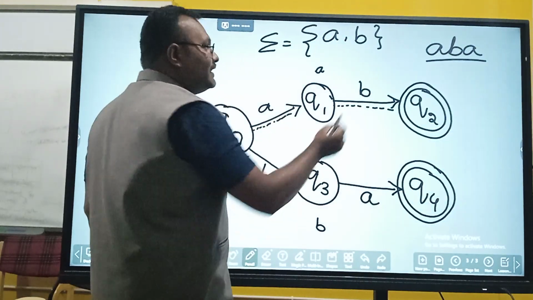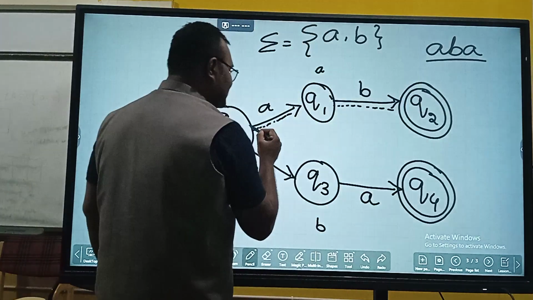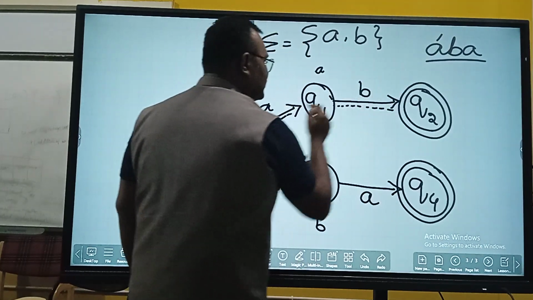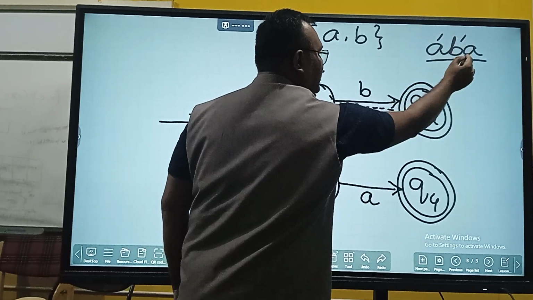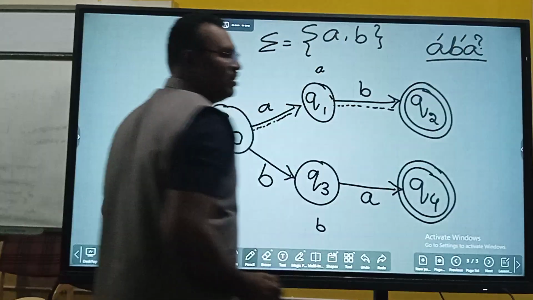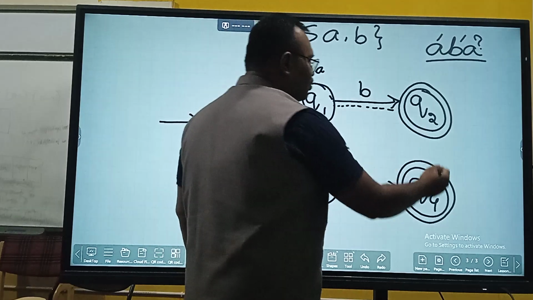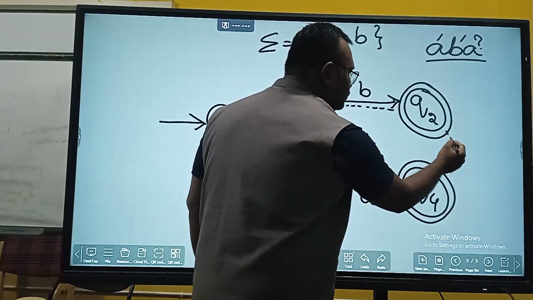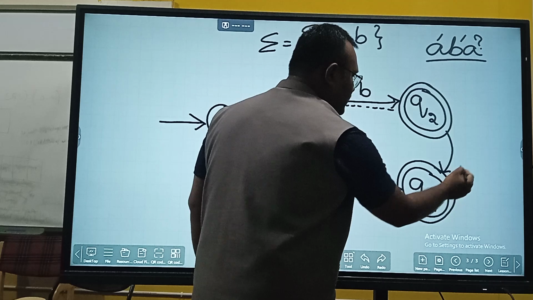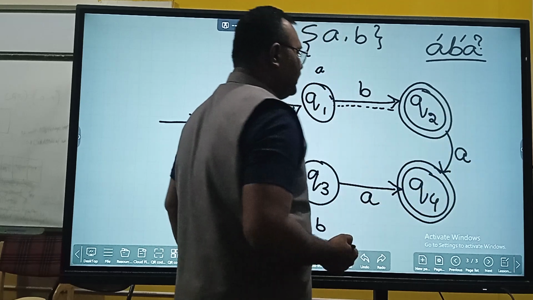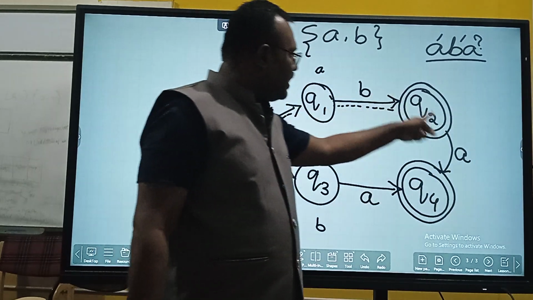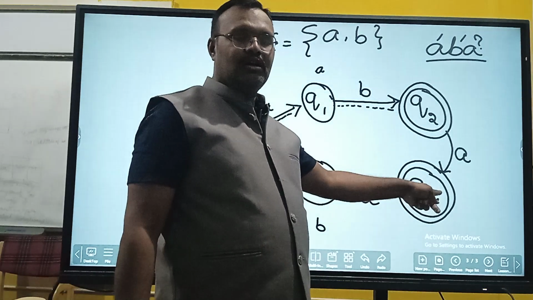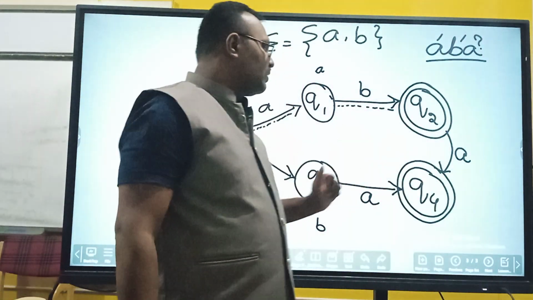If it is ABA, this is A, first one, this is B, second one, but here I don't have a transition on A. So here at Q2, I am going to introduce a transition on A in such a way that ABA is getting accepted at the final state Q4.